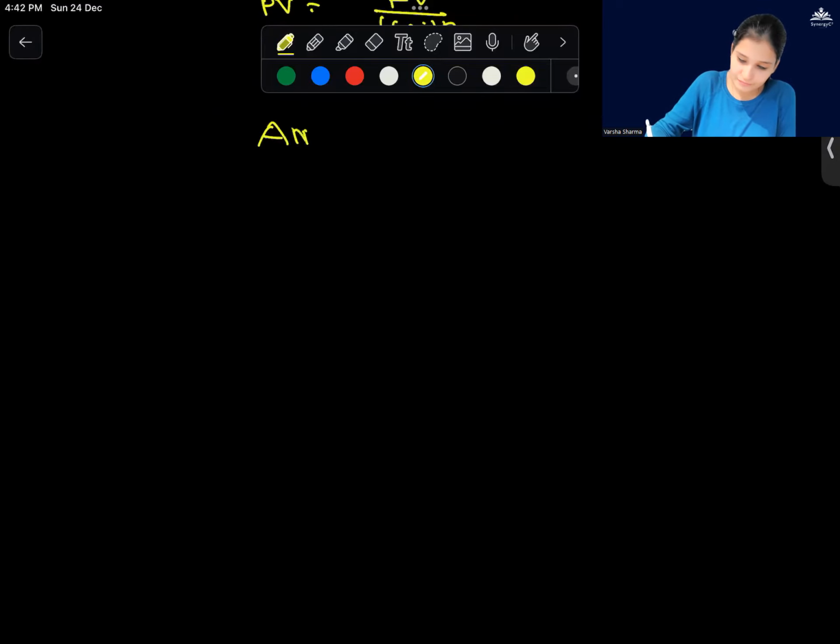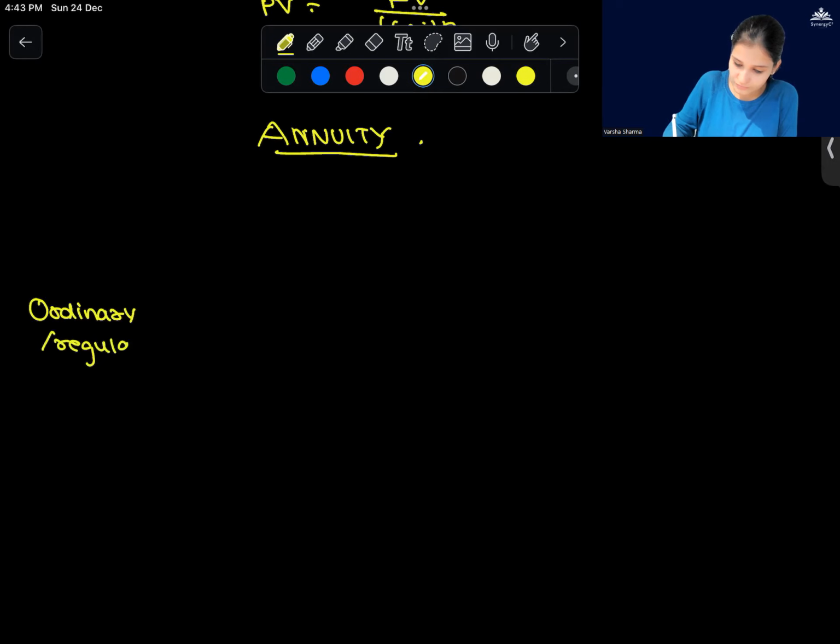Heading: annuity. First, ordinary or regular. We have annuity due or immediate annuity.